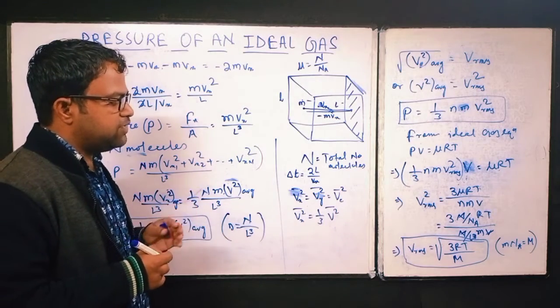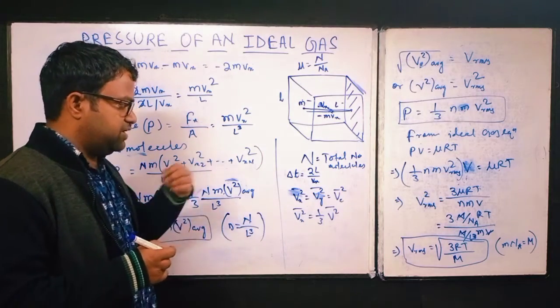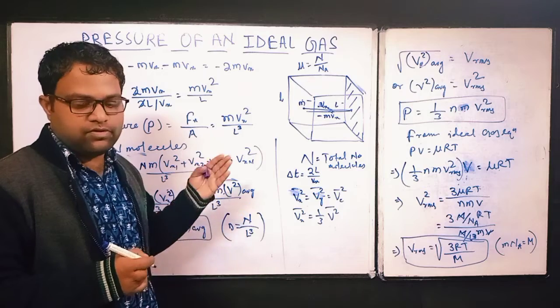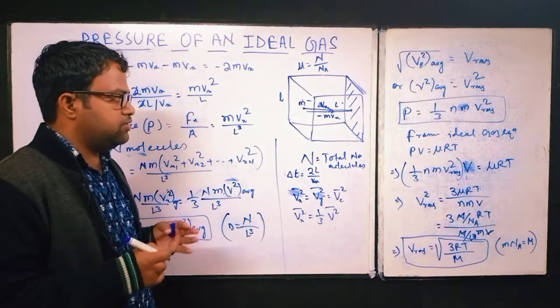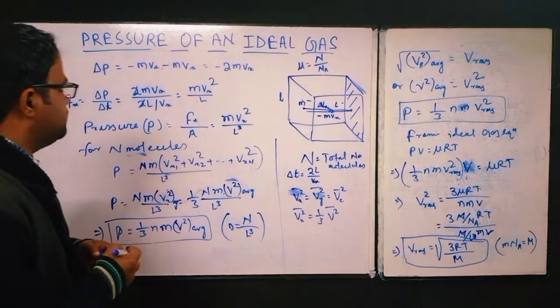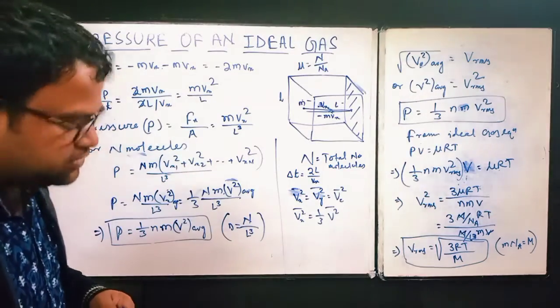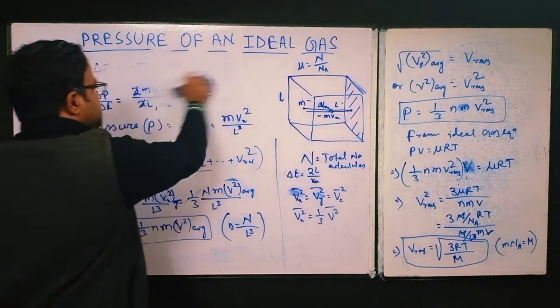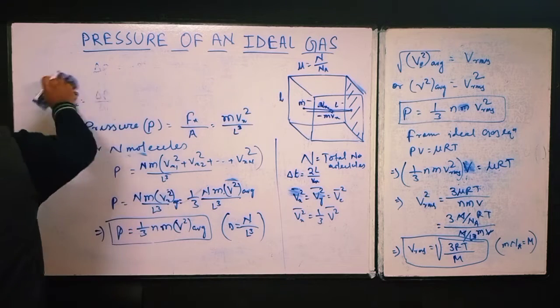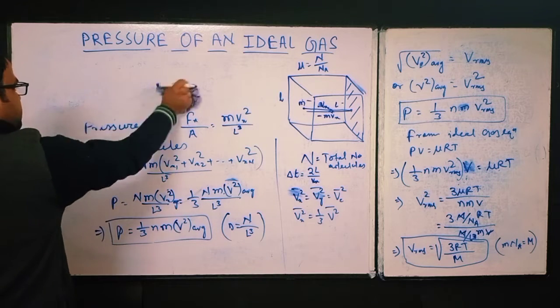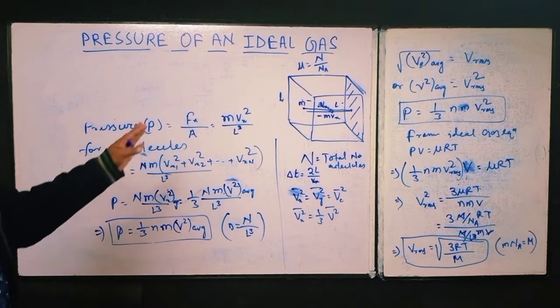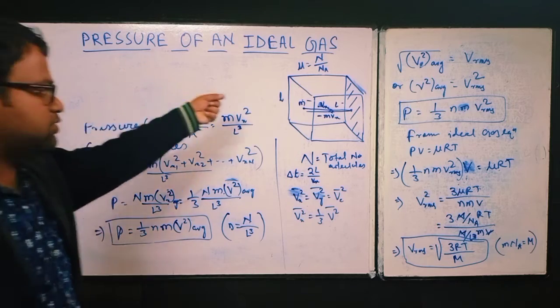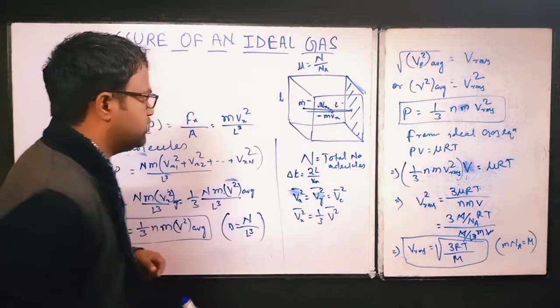So from here you can calculate the kinetic energy of one molecule. How will you calculate it? Kinetic energy, we know, is half mv square. As we are calculating RMS speed, a molecule will move with a root mean square speed.